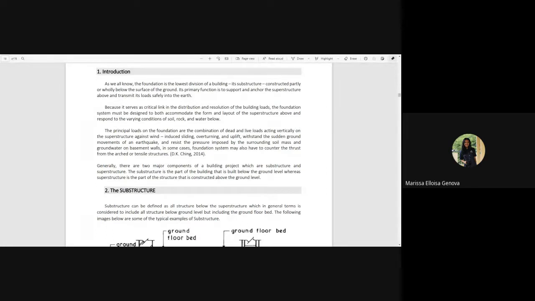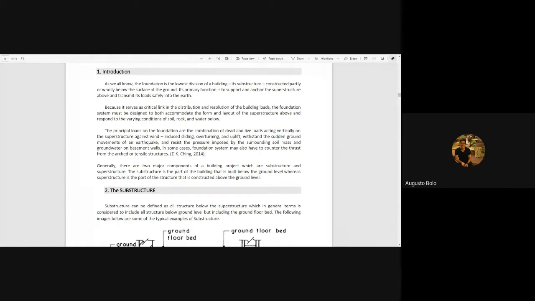It is basically in the ground under, usually po substructure po siya, which serves as the foot of the building together with the column po. Okay, that is correct. Thank you so much, Bing.